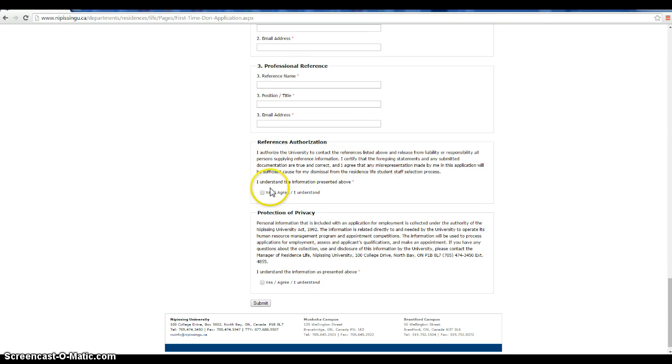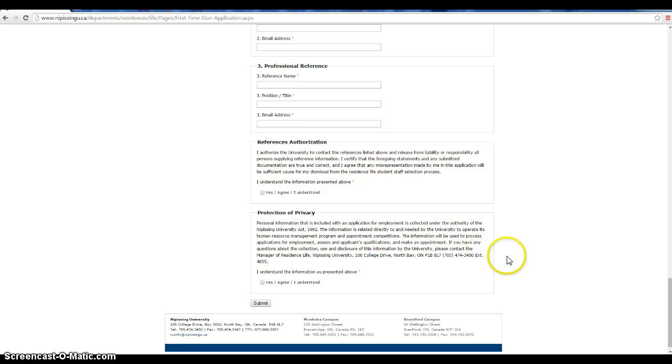Lastly, you will again click that you agree or understand that the university could contact these references, and finally, that we consider your privacy of information very important, and that you understand that we only will be using this for human resource reasons, and that this information will not be used for any other purpose.